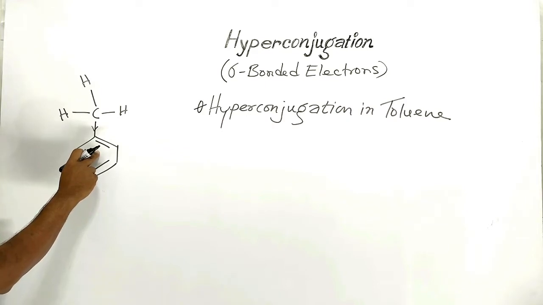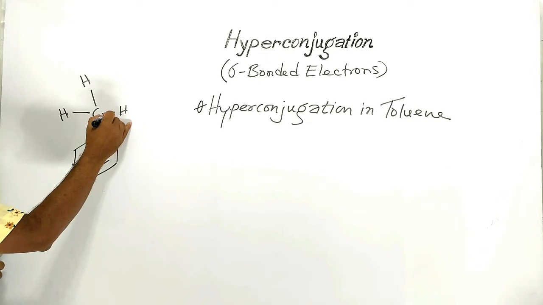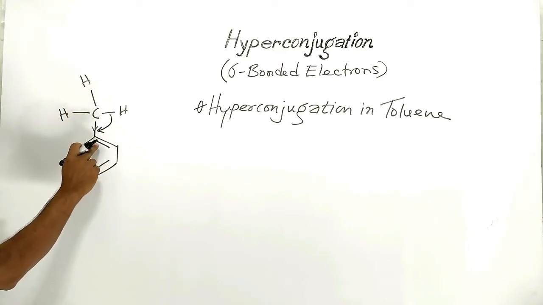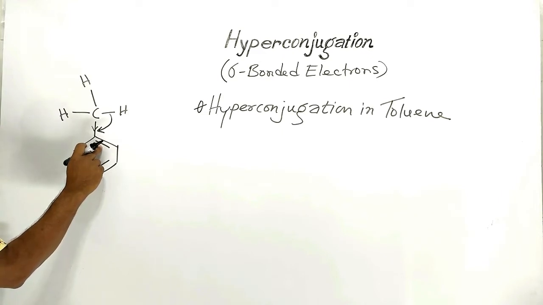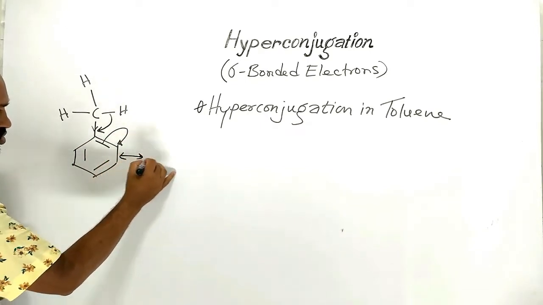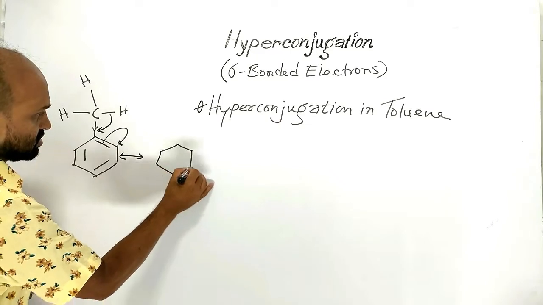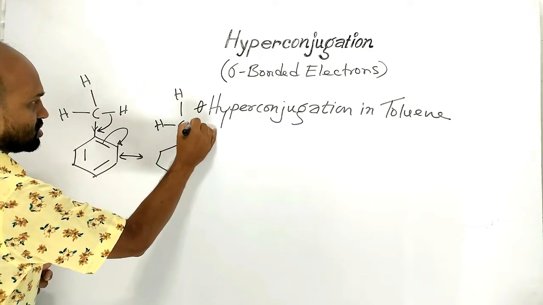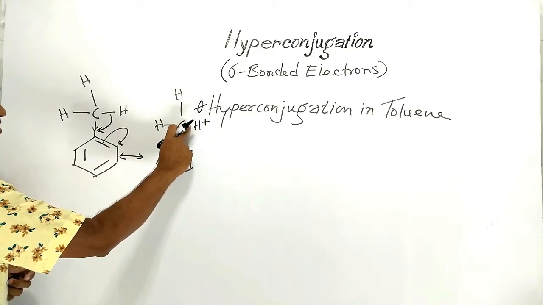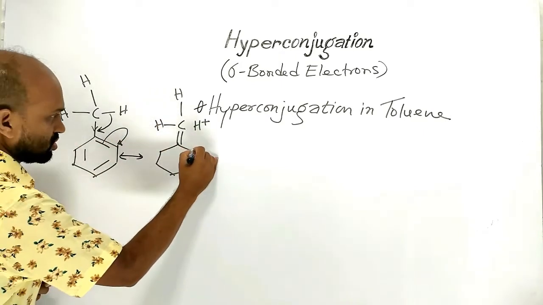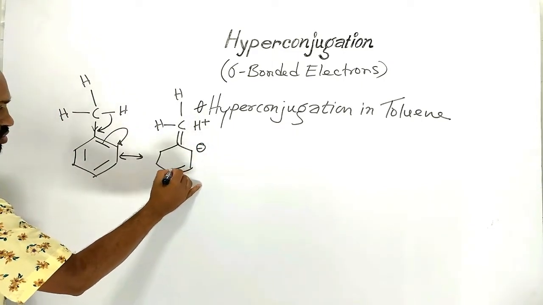Because of this electron withdrawing nature, these covalently bonded sigma electrons move here to the carbon-carbon bond, and at that time these pi bonded electrons move to this carbon, and as a result we get this entity: carbon-carbon double bond, carbon, hydrogen, hydrogen, here proton with no bond, and these pi bonded electrons turn into lone pair electrons, here double bond, here double bond.